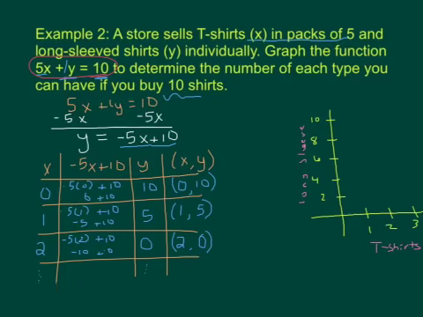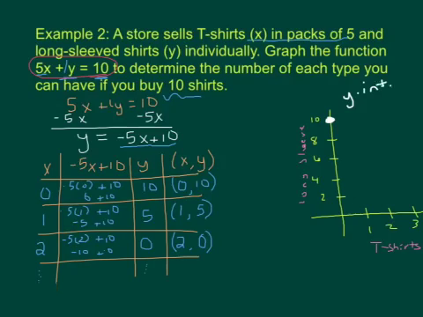So now I'm going to go over here to the graph and enter this data that we just found. I'm going to enter those data points onto the graph. So if I buy 0 t-shirts and 10 long sleeve shirts, that's right up here on that y-axis. There we have that y-intercept that we talked about before.